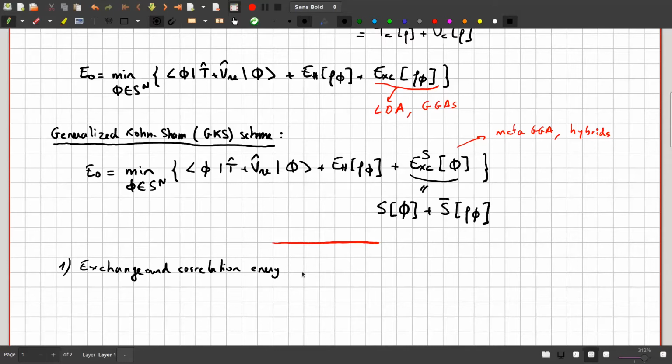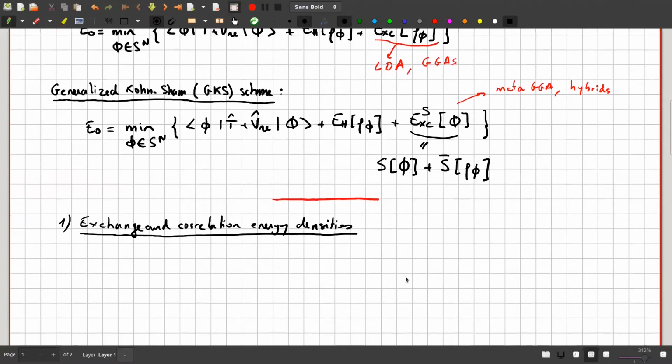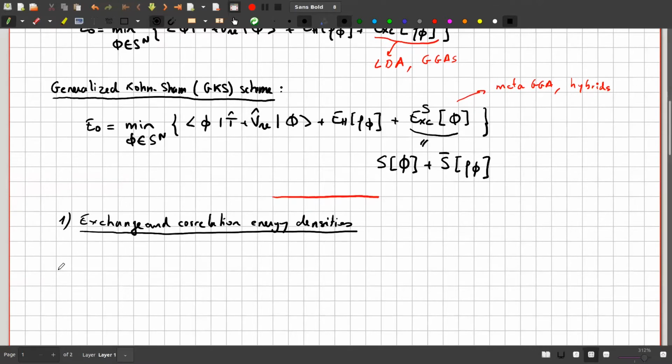And first, I need to define the so-called exchange and correlation holes.